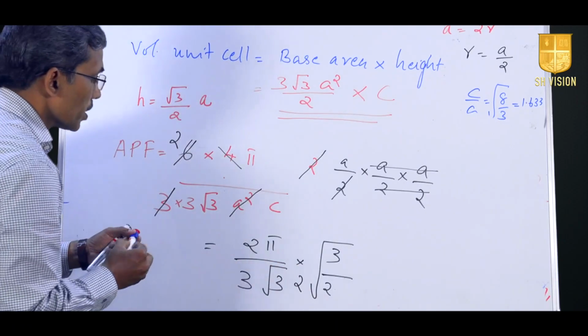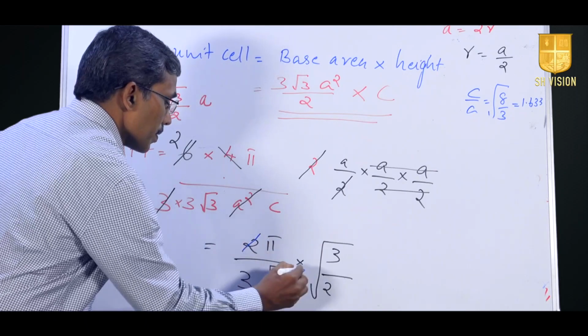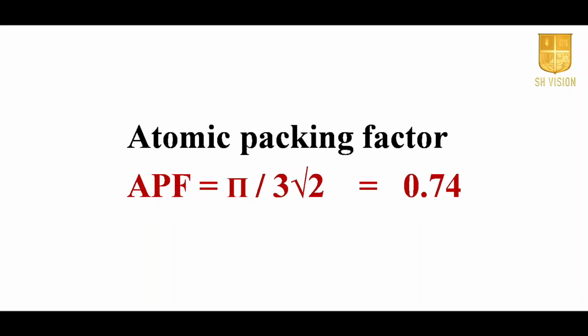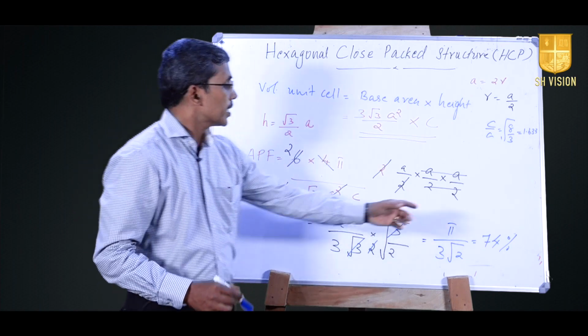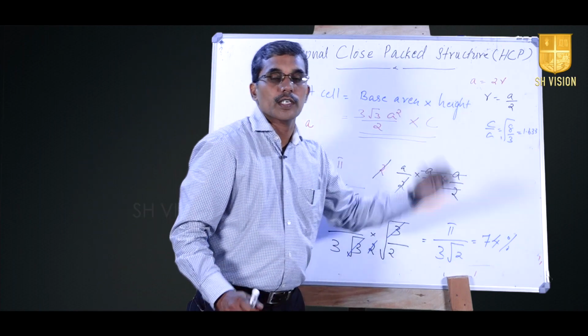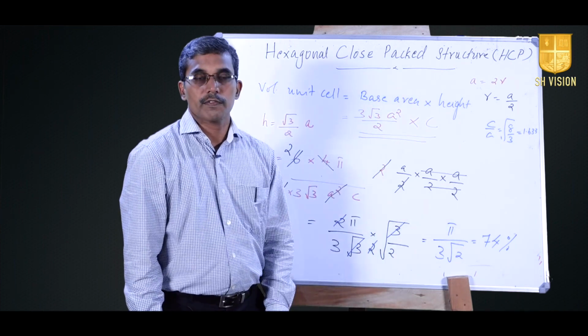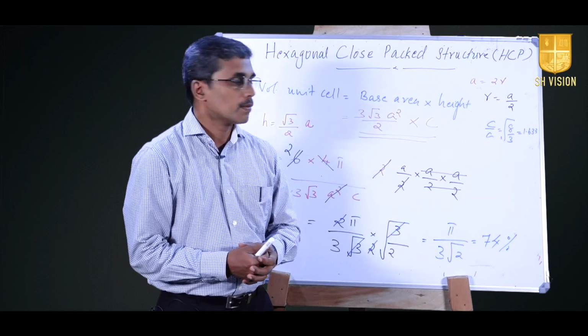Then this 2 and this 2 will be cancelled, and this root 3 and this root 3 will be cancelled. So this is equal to pi divided by 3 root 2, and if you calculate, this will be 74%. That is, in the case of hexagonal close packed crystal structure, we will be getting the highest packing just like your face centered cubic system, and this is the maximum we can expect in this hard sphere packing model.